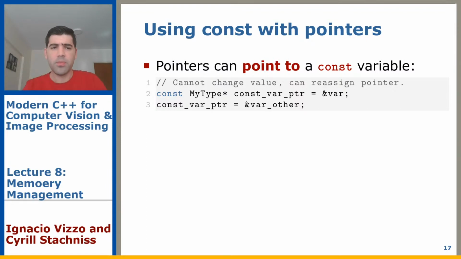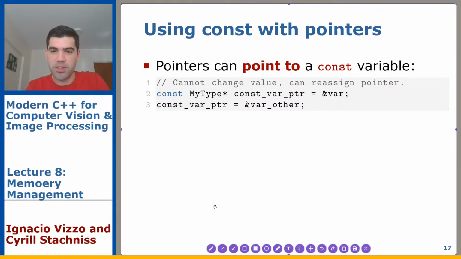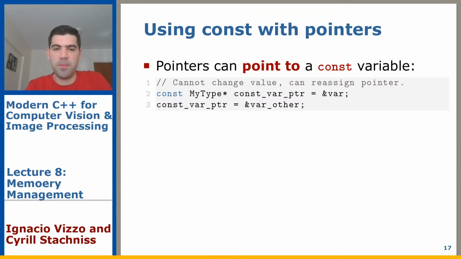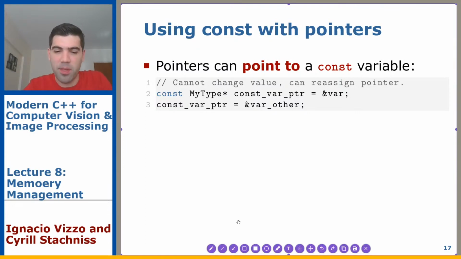So pointers can point to a const variable. This means that the variable we are pointing to is const, and then the type of the pointer should be const. So this is not a const pointer. The pointer variable is not constant, but it's pointing to a const type.